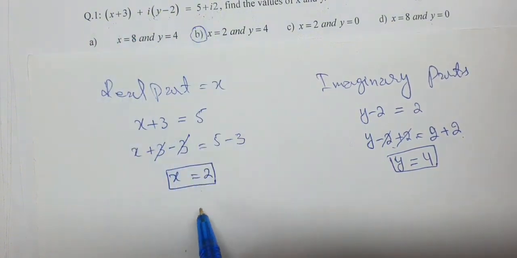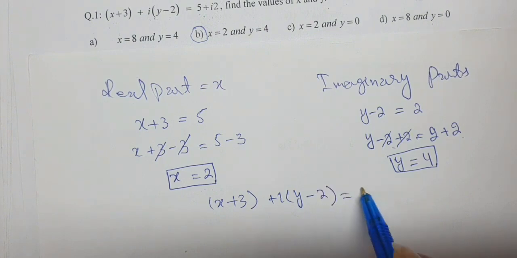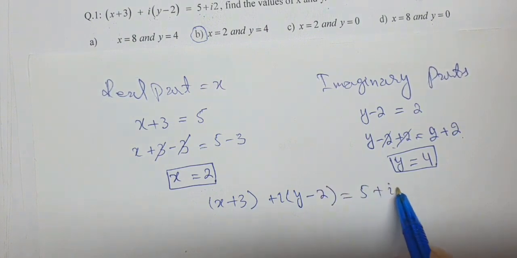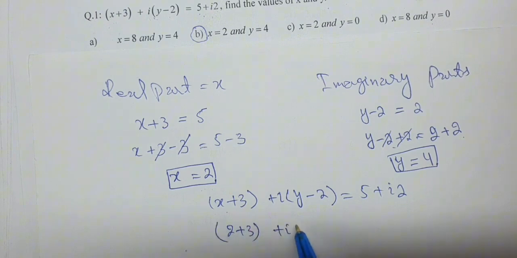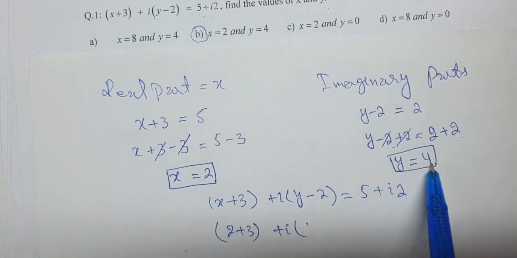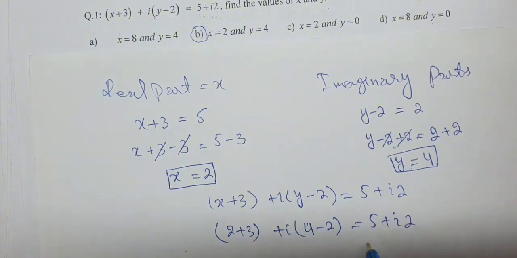So we have the equation (x + 3) + ι(y - 2) equal to 5 + ι2. Now we will substitute x as 2 and y as 4. The right hand side will be as it is.